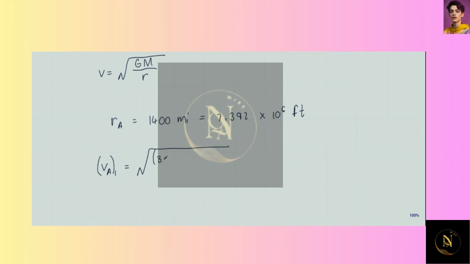So G is 34.4 times 10 to the minus 9 in US units, multiplied by the mass of the moon, which is 5.03 times 10 to the power 21, over r, which we calculated to be 7.392 times 10 to the 6th.